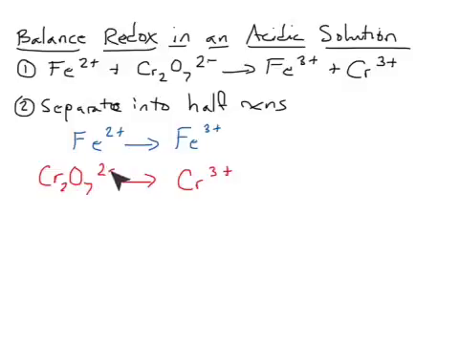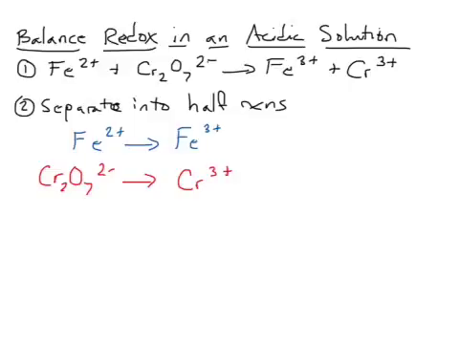If I need a -2 left over, then this has to be a total of +12, and since there's 2 chromiums, each chromium has a +6. +6 went to +3, that means chromium must have gained electrons. That's how we would know this is our reduction. Again, if that seemed pretty quick to you guys, then definitely go back and review your oxidation numbers from Chapter 4. Okay, now let's go on to our next step.